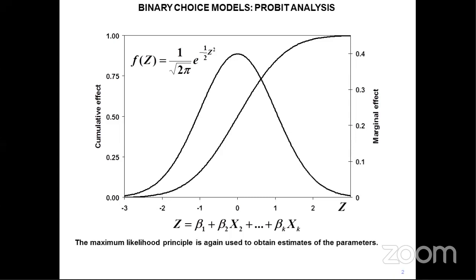This Probit model can be applied for multinomial and ordered types of dummy dependent variables, and for panel data also, but the simplest form of the Probit model is for a dependent variable which has two categories, that is, binary choice models.